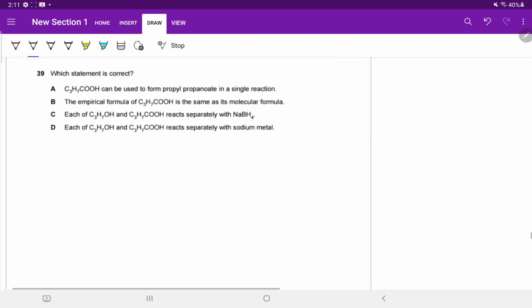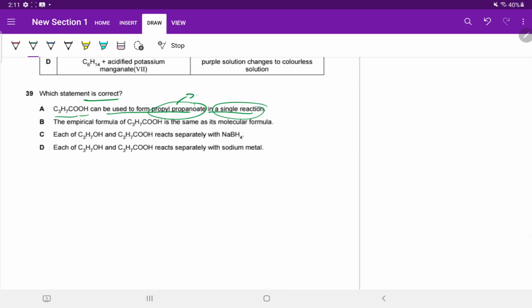Question number 39. Which statement is correct? C3H7COOH can be used to form propyl propanoate in a single reaction. So propyl propanoate, we know this is an ester. This is a carboxylic acid. This has 4 carbons, so this is butanoic acid.